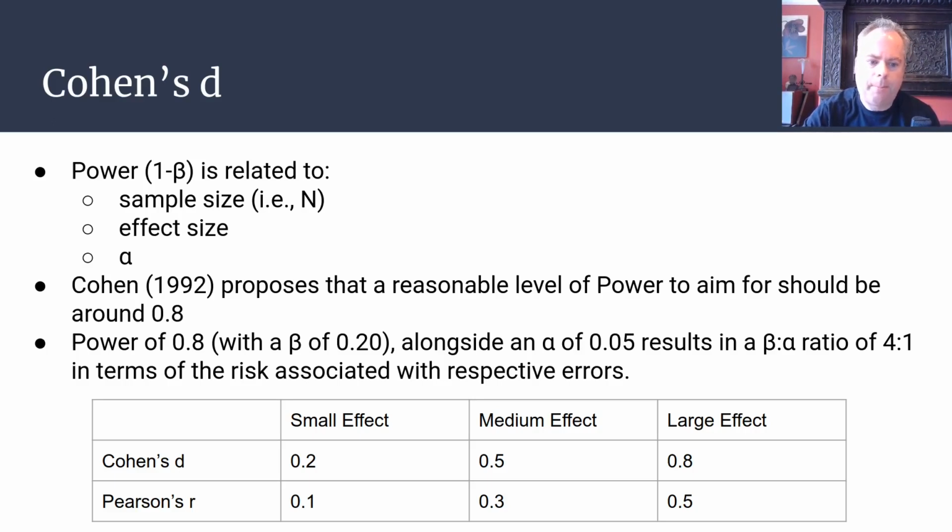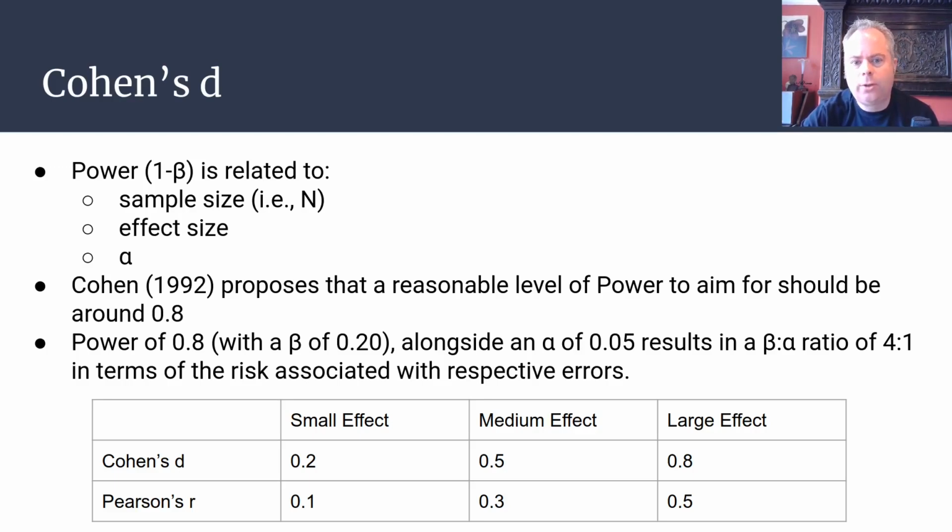It's related to sample size, so the number of observations you have. It's worth remembering that when we talk about sample size, we're not just talking about the number of participants. Later, we'll get on to a workshop on mixed models, where we can think of n as being equivalent to the number of observations.